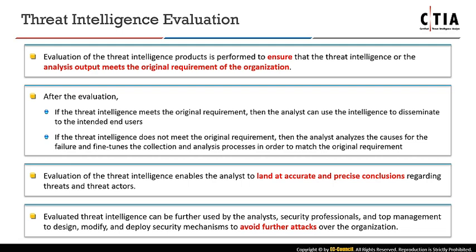After we conduct this evaluation, if it meets the original requirement, then we can disseminate that information out to the intended users, or in some cases, the intended uses of that information. But if it doesn't meet the original requirement, then the analyst is going to analyze any of the causes for the failure, and then we're going to go back into another loop of fine-tuning of that information and analysis in order to make sure that it meets the original requirement.